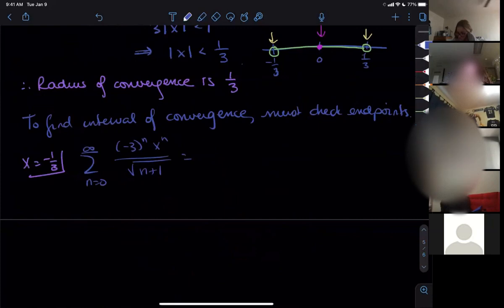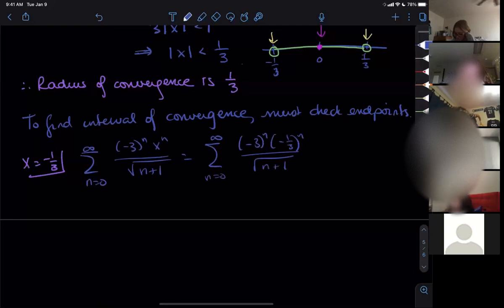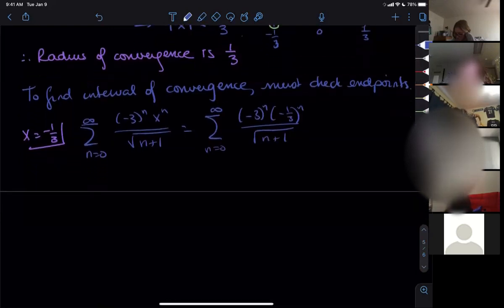If I plug in negative a third, I've got negative 3 to the n times negative a third to the n over the square root of n plus 1. I can combine those and I've got negative 3 times negative a third. That's just 1. I've got 1 to the n.